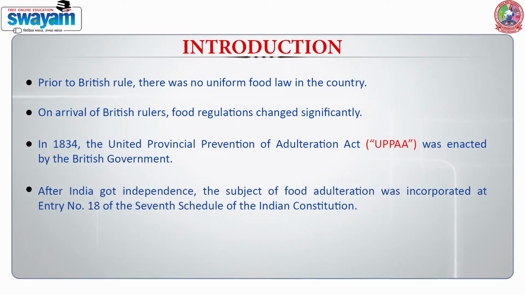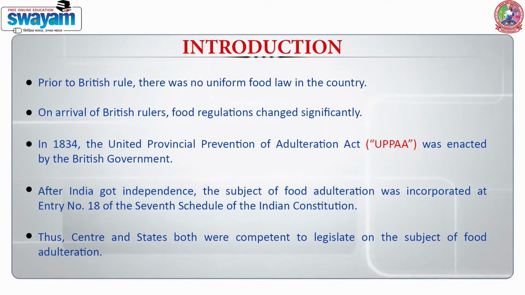After India got independence, the subject of food adulteration was incorporated as entry number 18 of the 7th schedule of the Indian Constitution. Later on, centre and states adopted the legislation on the subject of food adulteration. When we talk about the food laws in India, till recent decades we were talking about the Prevention of Food Adulteration Act 1954.